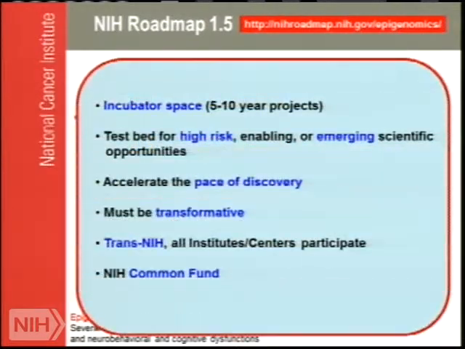Why was it done? Because we wanted a program which takes 5 to 10 years, big projects. Individual investigators cannot do that because those kinds of projects are not funded easily. By this we wanted to accelerate the pace of discovery, and this should be transformative.